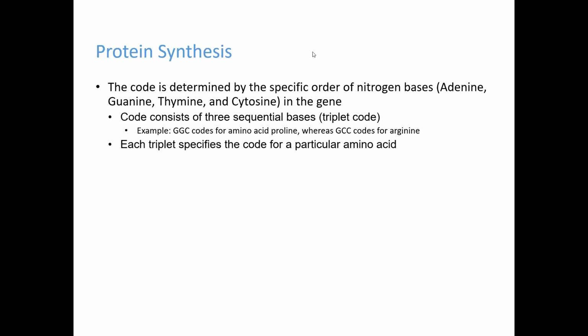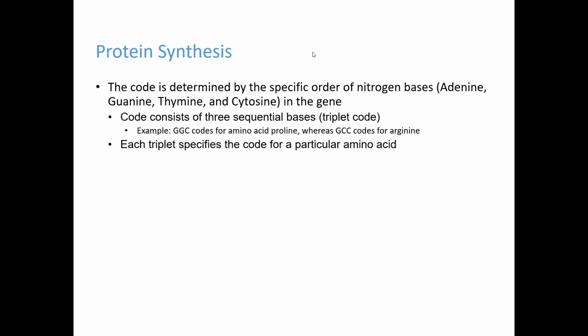So the order of the bases within the triplet determines the code for the triplet. If you have a triplet of nucleotides, 3 nucleotides, one with guanine, another one with guanine, and another one with cytosine in that location on the DNA strand, that triplet code will code for proline.